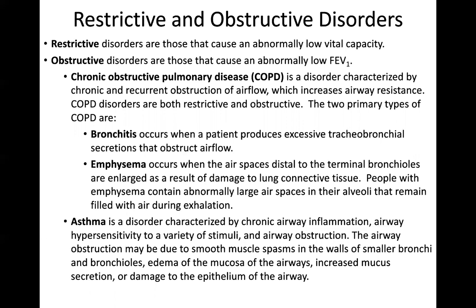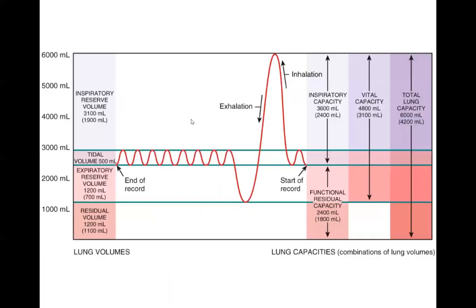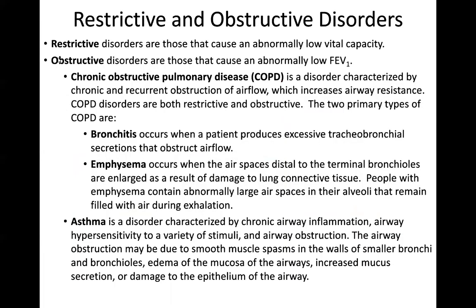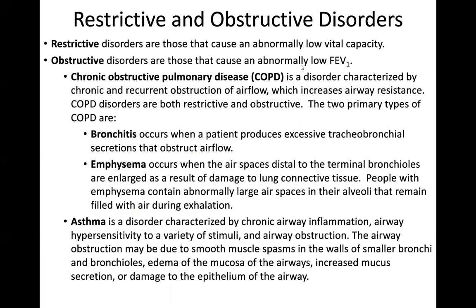Restrictive disorders are those that cause an abnormally low vital capacity, which, if we go back to vital capacity, that's the largest volume of air an individual can move in and out of their lungs, and it was equal to essentially everything except for their residual volume. Okay. Whereas obstructive are those that cause an abnormally low FEV1. So COPD, which was shown in this graph, is an example of an obstructive disorder.